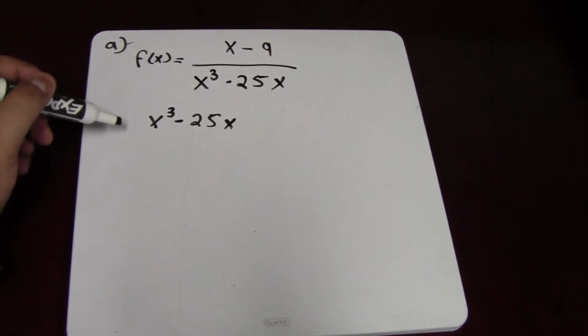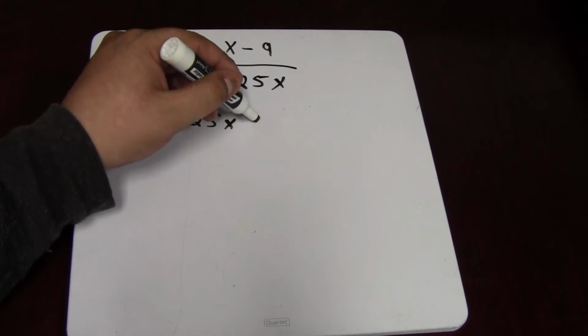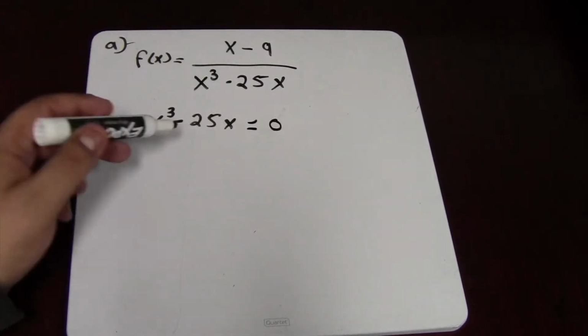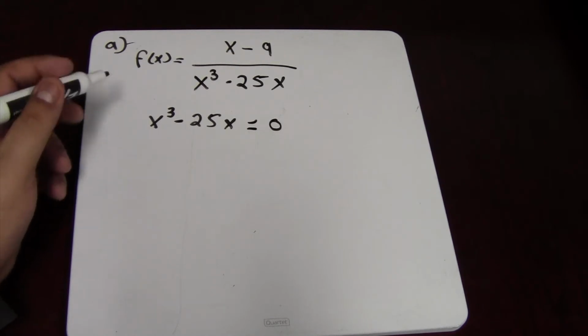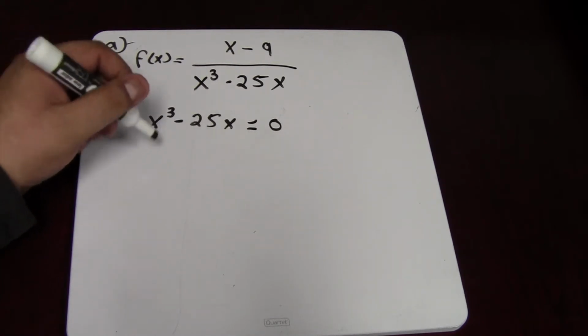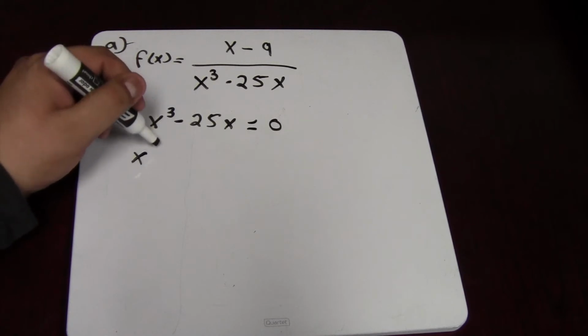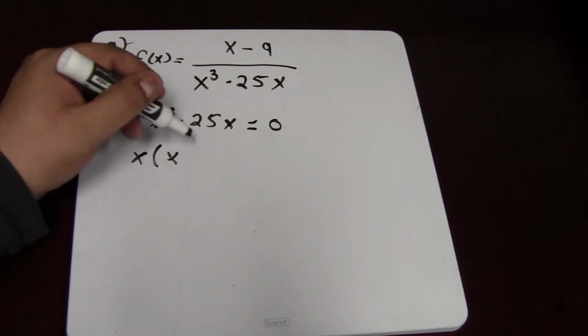Let's take this denominator here and set it equal to 0, because if we can figure out what makes this 0, then we know that those are the values that we shouldn't include in the domain. It looks like we can factor this. We can factor an x out.